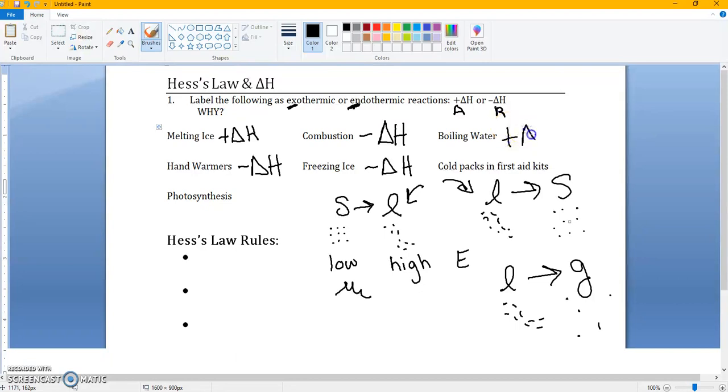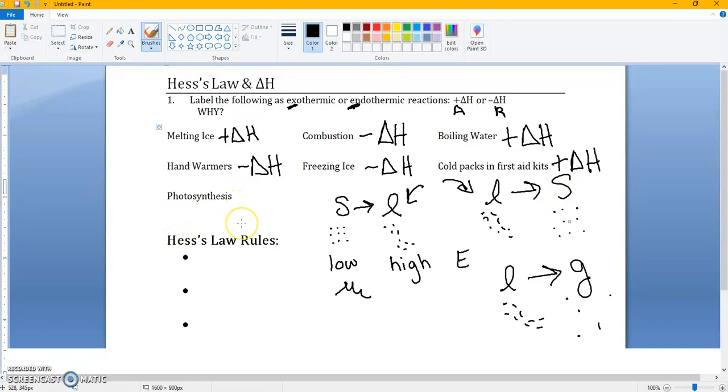So boiling water is actually endothermic because the liquid has to absorb heat to turn into a gas. It feels hot because we're feeling the heat from the stove. Alright, cold packs. Cold packs absorb heat from your body, which is why they feel cold. And so therefore these guys are endothermic.